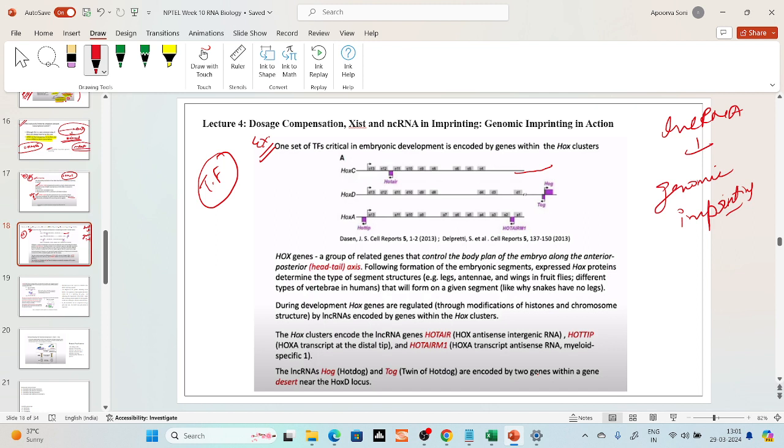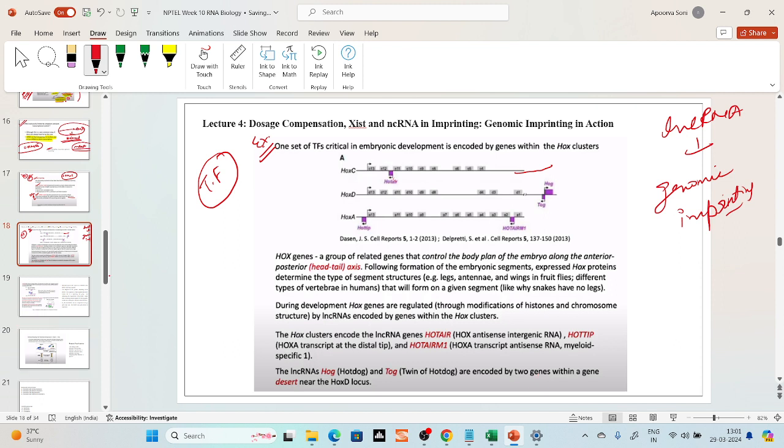That means if this is the Hox gene cluster, within the Hox gene cluster, you can see in HoxC you have HOTAIR. This is responsible for Hox gene regulation, and how it does it, we'll see.